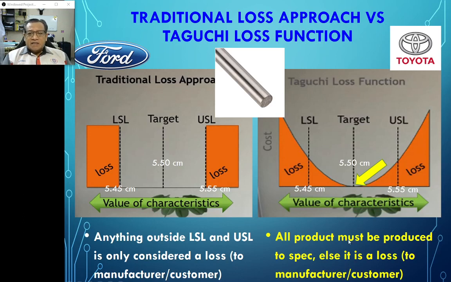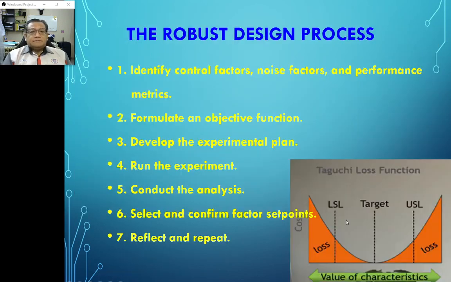In the overall perspective, I strongly believe that many of you would agree that Toyota or Japanese cars are very much better in performance than American cars, right? So we generally believe that Japanese cars are very much more reliable than American cars. So that is one of the differences that it creates in the overall industry and quality performance.